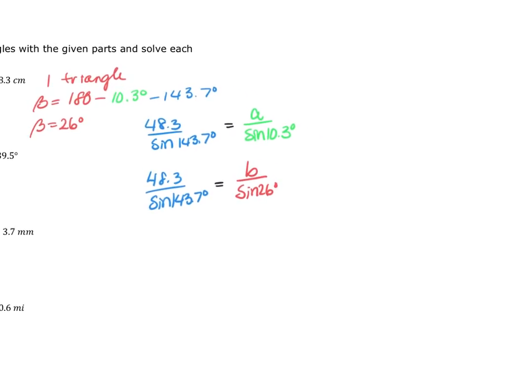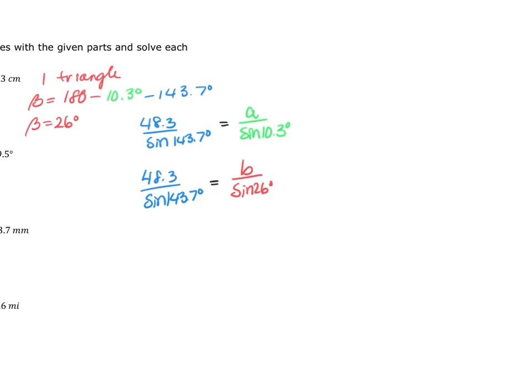When I solve this for a, I'm going to multiply both sides by the sine of 10.3 degrees, and so a is equal to the sine of 10.3 degrees multiplied by 48.3 divided by the sine of 143.7 degrees.